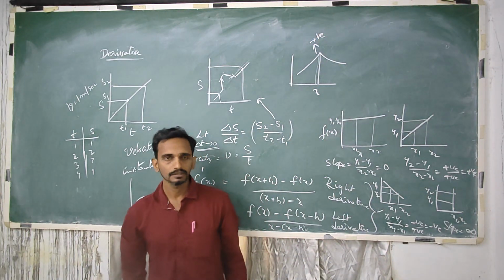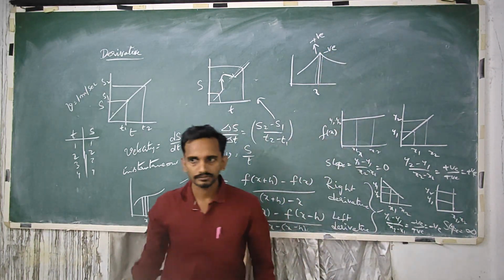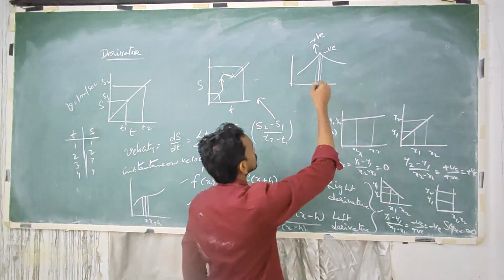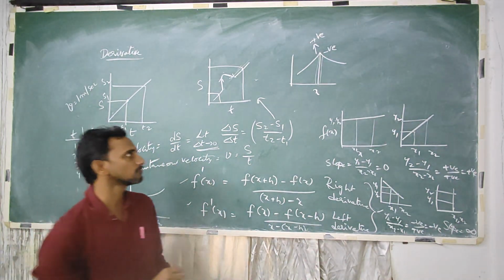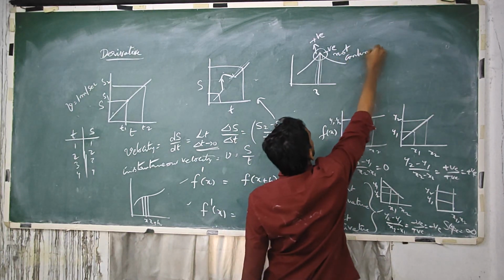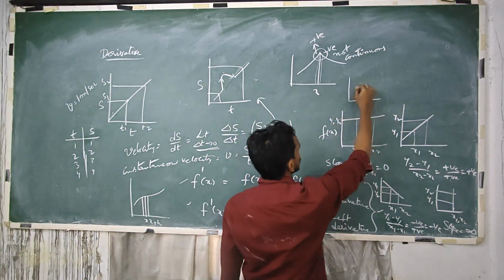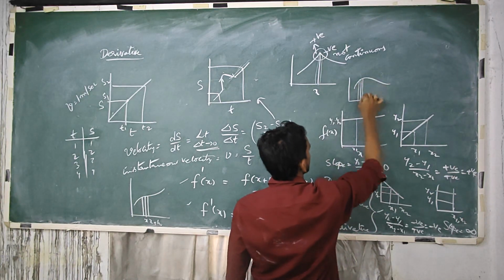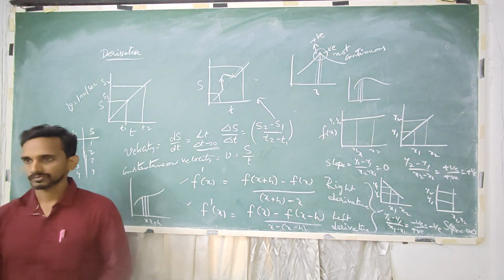On the other side, it is negative. Right? So then what is the situation? So left derivative is not equal to right derivative. So these kind of functions are not continuous. So at any point on the curve, however small the interval you consider, if left derivative is equal to right derivative, then the function is said to be continuous. I mean smooth.